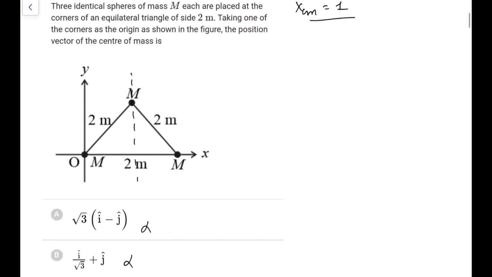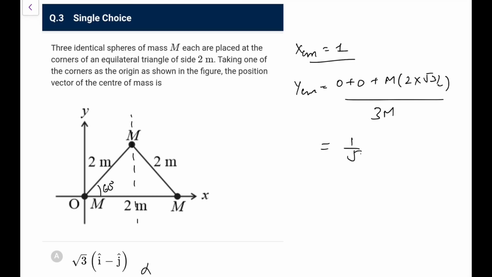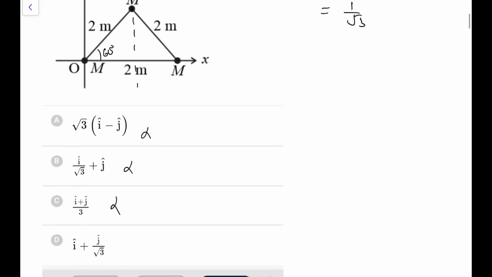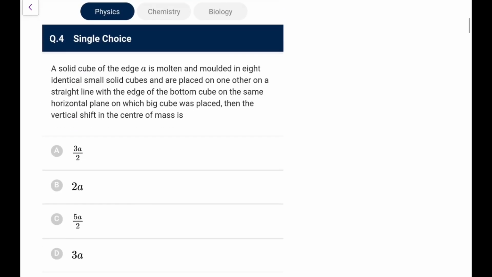So we were lucky, but let me solve it. YCM: these two are at 0, so 0 plus 0, and this would be m into this distance, 2 sin 60, that is root 3 by 2, divided by 3m. So that comes out as 1/root 3. So it would be i cap plus 1/root 3 j cap, and it is option D. You can directly go for the next one.